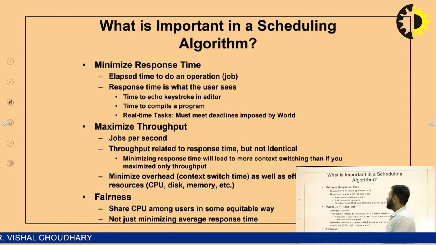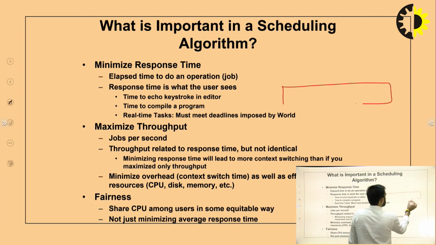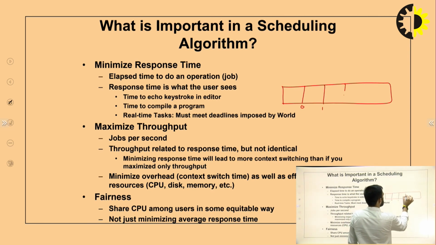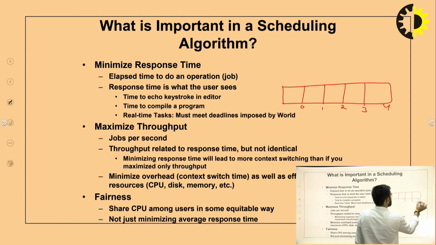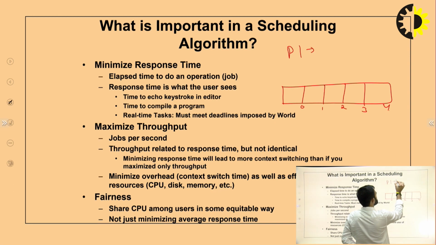Let's say this is a time slab: 0, 1, 2, 3, 4. And the process P1 arrives at arrival time 0, when it arrives in the main memory.